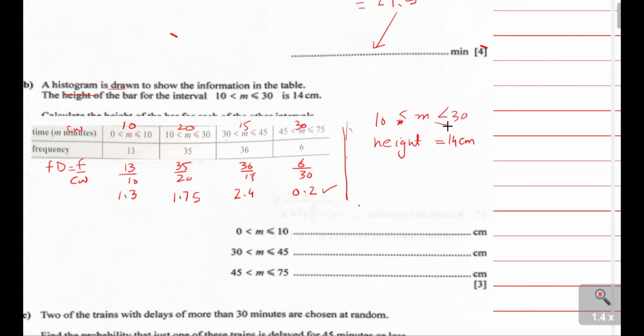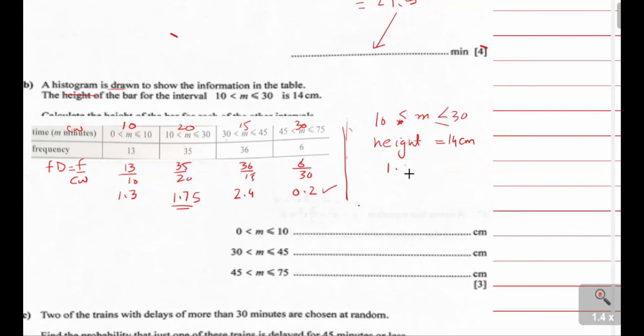And we will calculate height for each frequency density. Here the height for this interval 10 to 30 is 14 centimeter. Look here, the frequency density of this interval is 1.75.